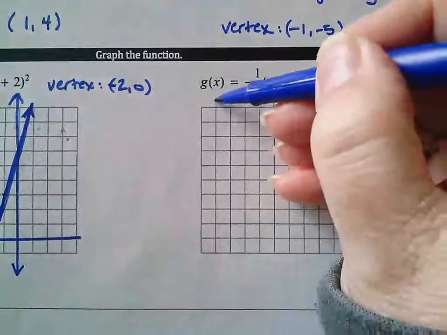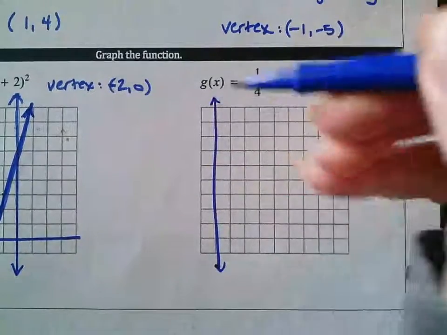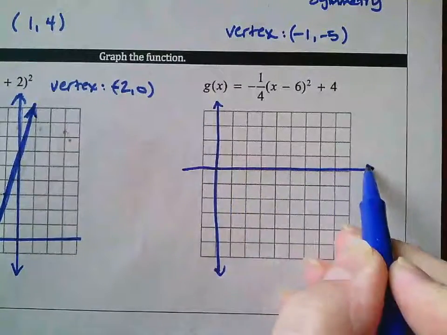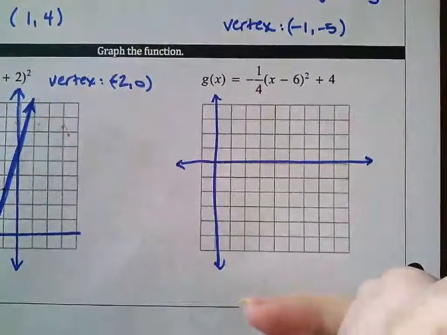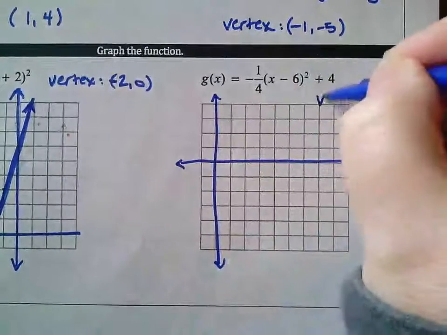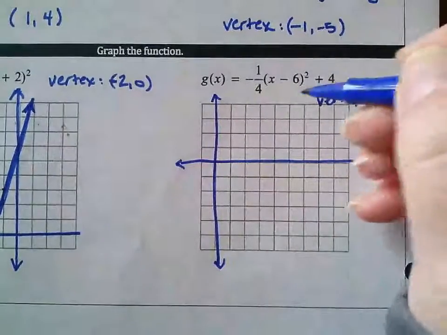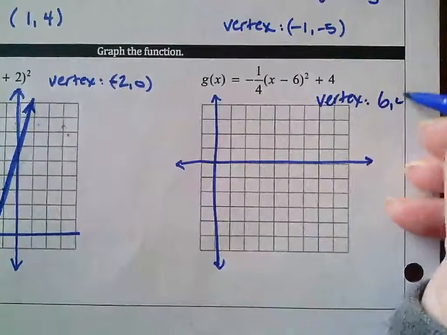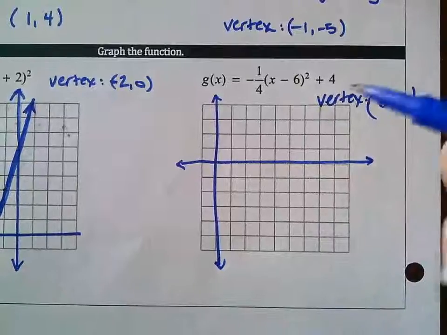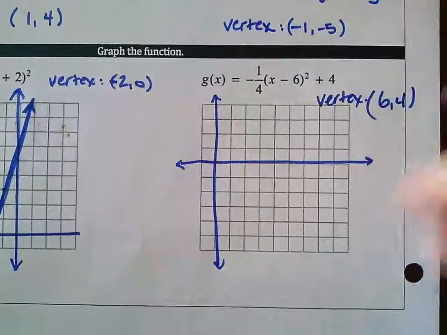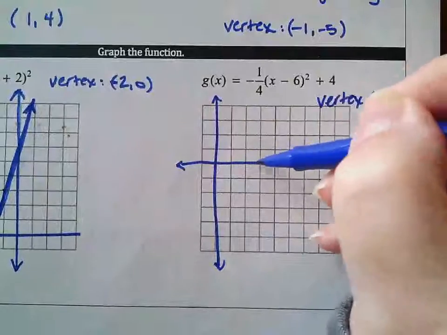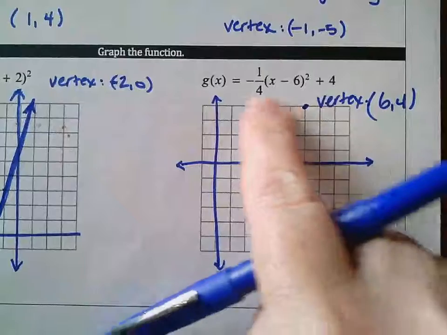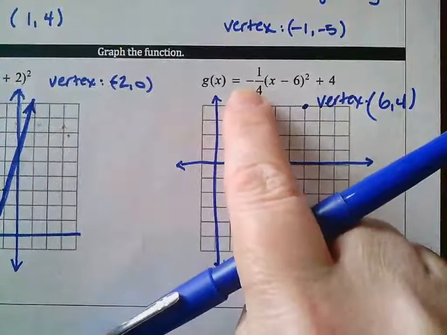Put the axes right here. And then I went about 4 down and put it right here. You'll see why in a little bit. So my vertex is going to be at 6 and 4. That's why I did it like that: 1, 2, 3, 4, 5, 6, and 4. And I knew it was going to go downwards because of that right there.